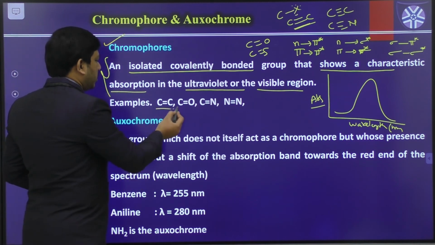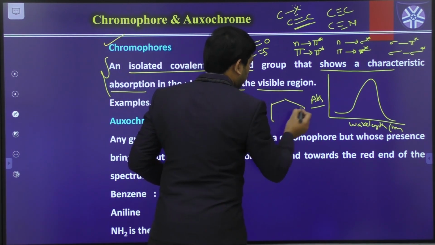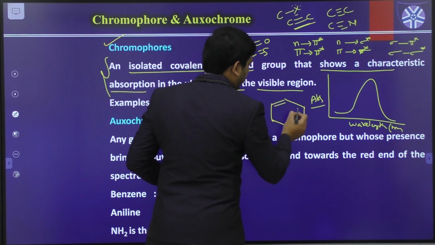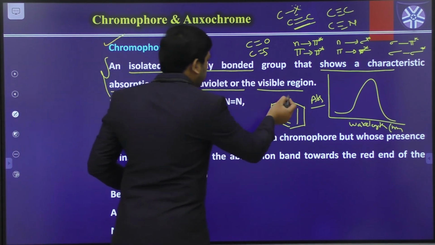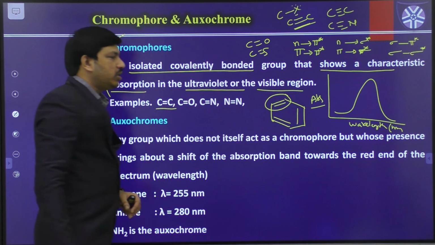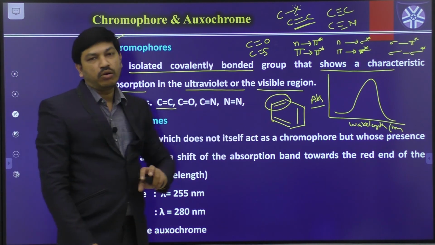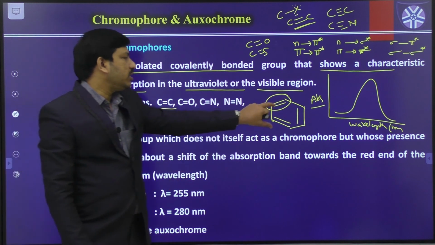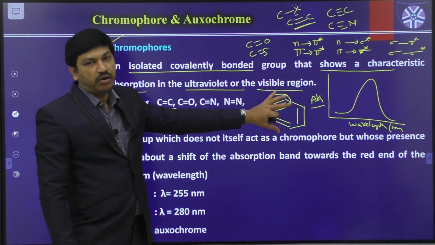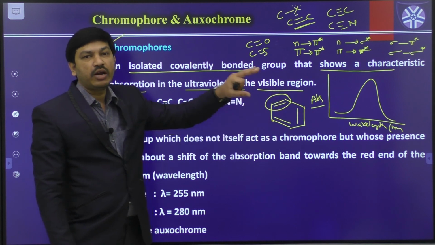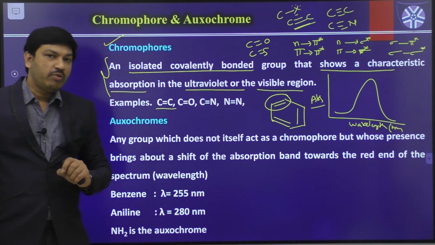For example, C double bond C. If you take any aromatic compound or non-aromatic compound, like this is benzene. In the case of benzene, we have a C double bond C group like this. So this is the chromophore for this particular compound, because of the C double bond C we can see the corresponding absorption spectrum. In our absorption spectrum we will see some absorption peaks, and that peak is mainly because of the C double bond C group only.